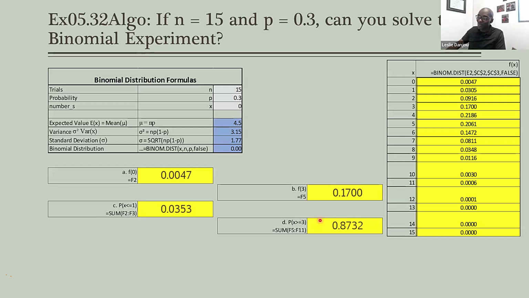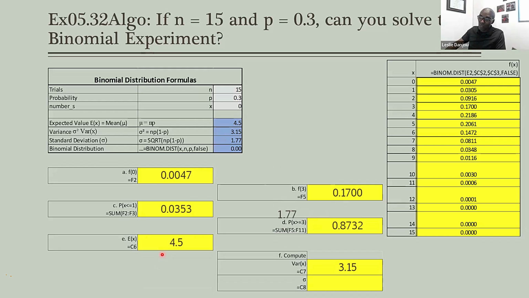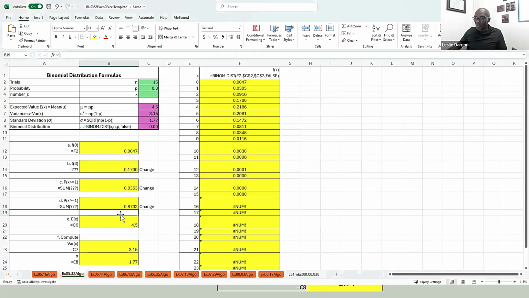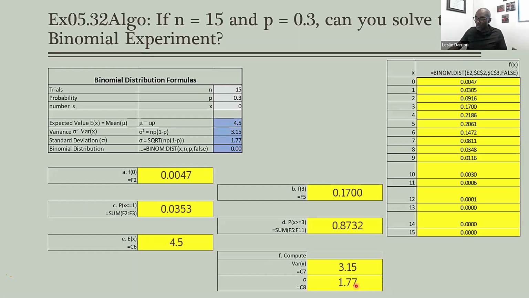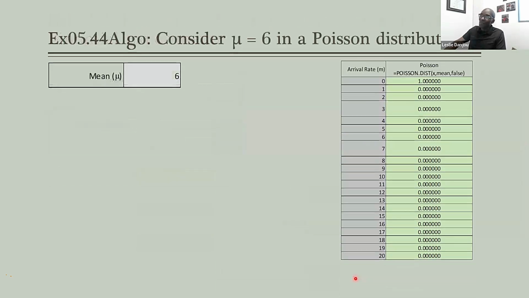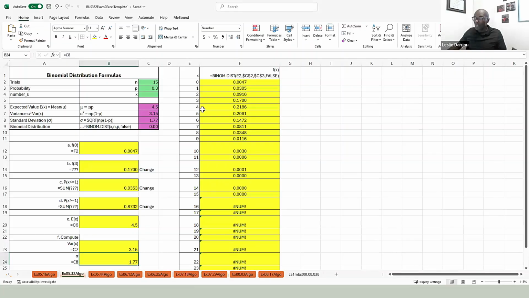The remaining of these should be automatically set for you. If I go back to my Excel, we have 4.5, 3.15, 1.77, 5.44. Let's change our mean to 6.